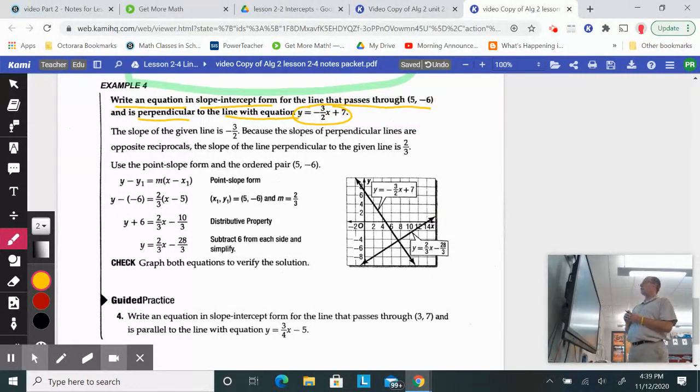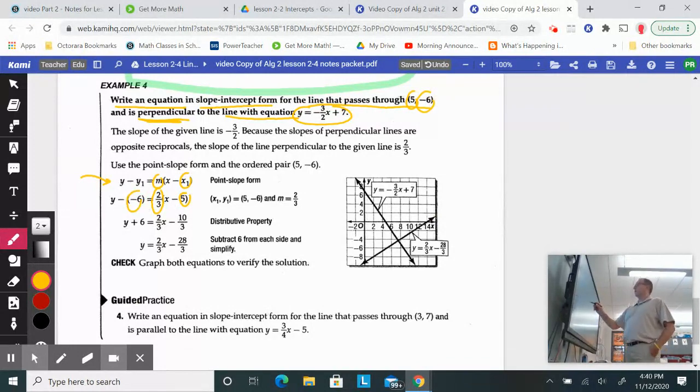In this example, they're using point-slope form. They fill in the slope, but they don't use -3/2. Notice they use the opposite reciprocal, +2/3, because we're looking at perpendicular lines. Then they substituted in 5 for x1 and -6 for y1.